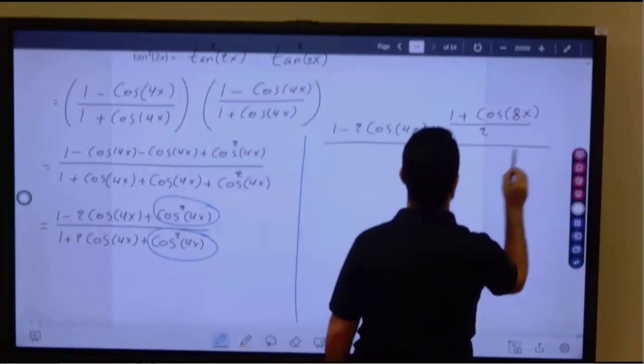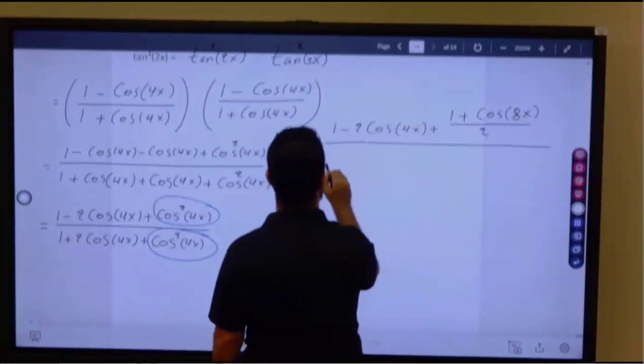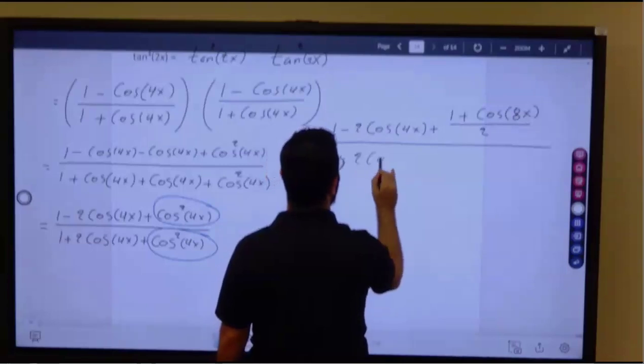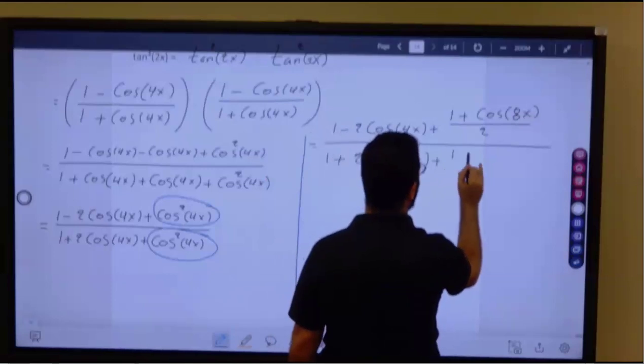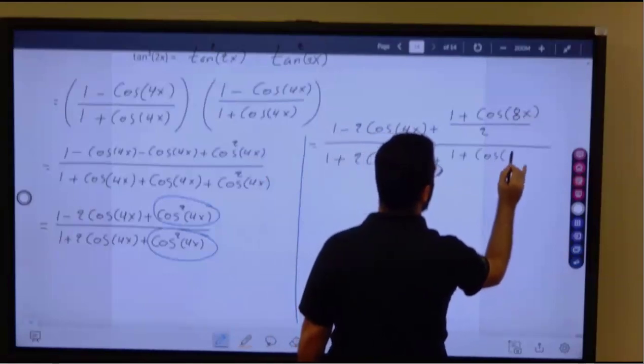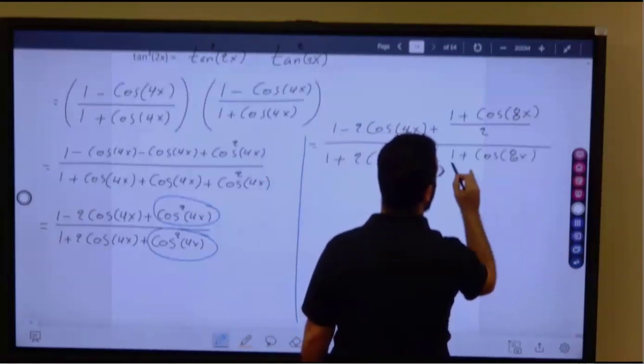And everything divided by 1 plus 2 cosine 4x plus 1 plus cosine 8x divided by 2.